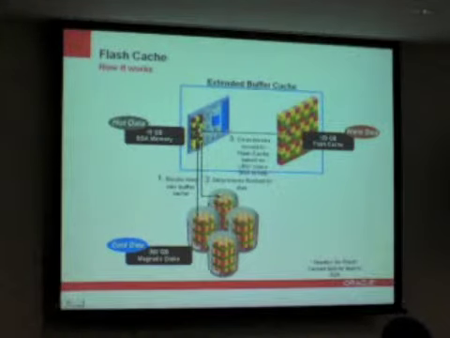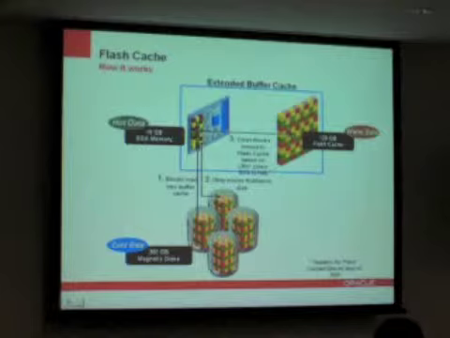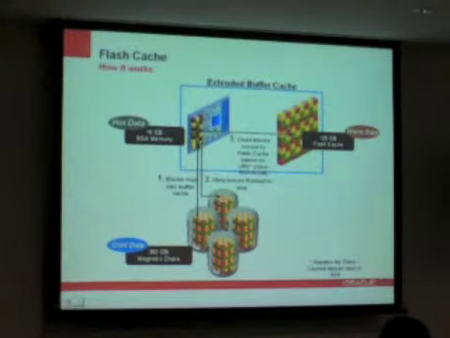The fastest way to get your database block will be to find it in the cache. If it's not in the cache, the second fastest way is going to be getting it off the solid-state device. This will be 30 to 40 times faster than getting it off of disk itself, off of a physical magnetic storage device.